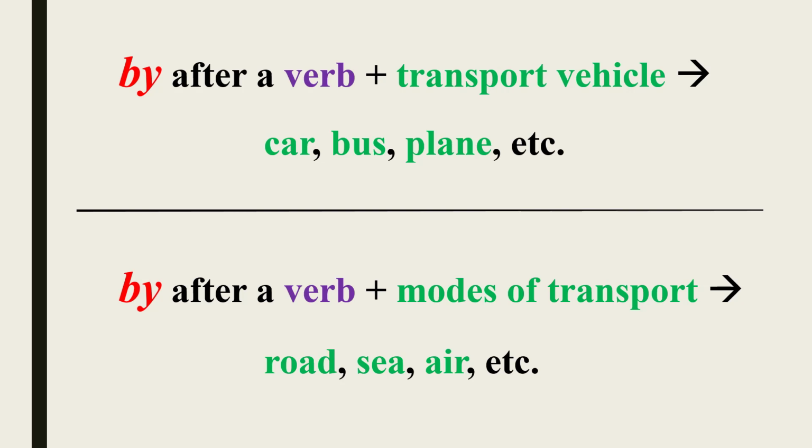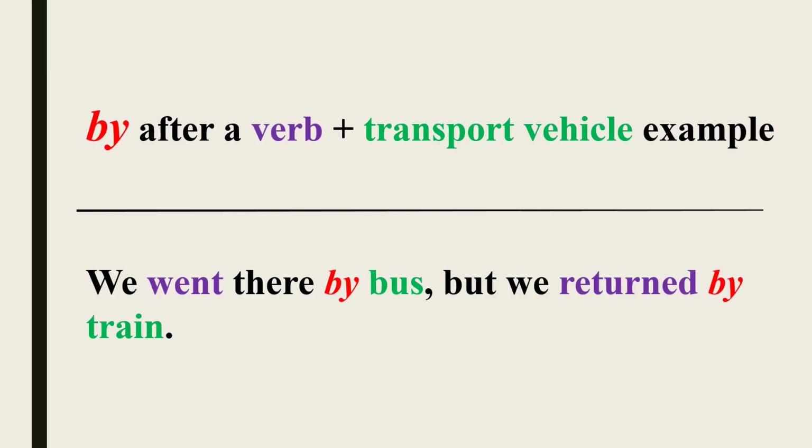The preposition by is used after a verb together with a transport vehicle such as car, bus, plane, etc. or modes of transports like road, sea, and air. For example, with transport vehicles, we went there by bus, but we returned by train.